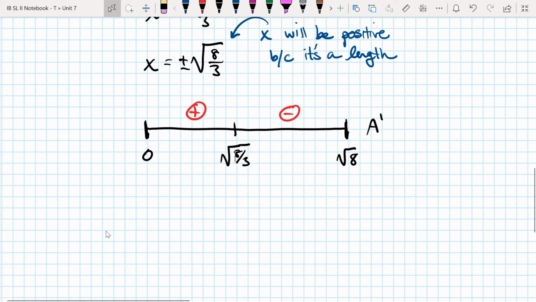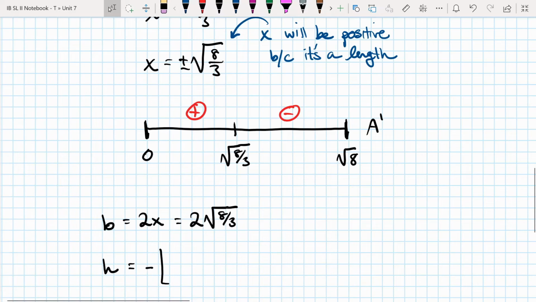And so the b value, the base, we defined as 2x, and so the b value is 2 times the square root of 8 over 3. The h value represents the height, which we can find by plugging this into the function, x squared minus 8.